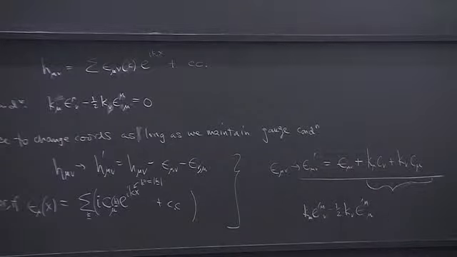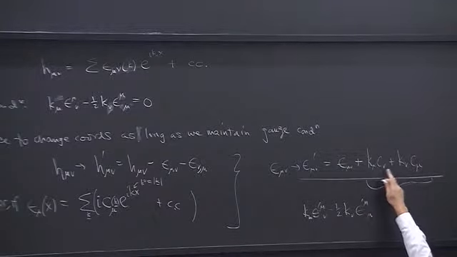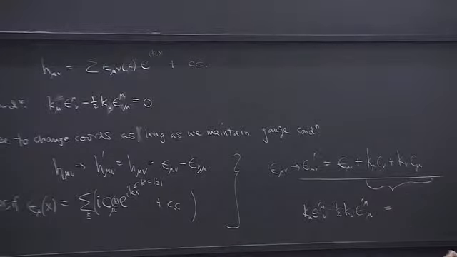So the first term is 0 because epsilon solved the equation. And the second term gives me, this one will just give me k squared when multiplying by this. This will give me, and k squared is 0. So over here, I'll get k dot c, k nu, from this second term.